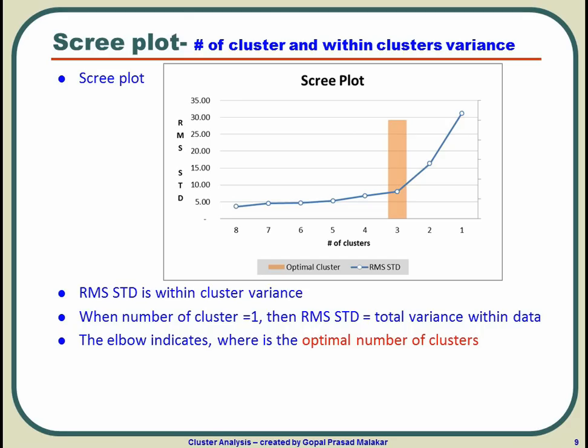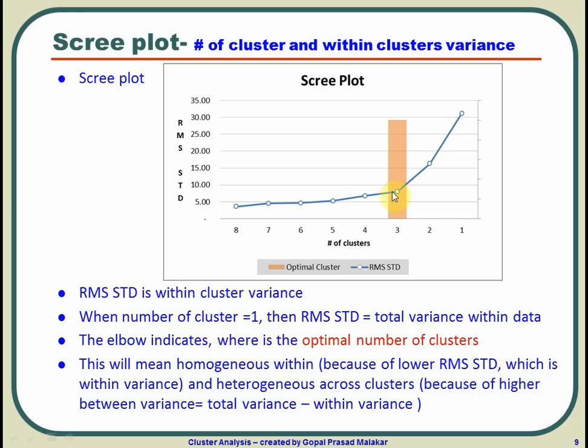Why is that? Because it means that you have created almost homogeneous groups. That's why the within group variance has not changed. And these are heterogeneous across groups, because the within group variances are less. So that's why the between variance is bound to be higher, because between variance will be total variance minus within variance in this particular case.